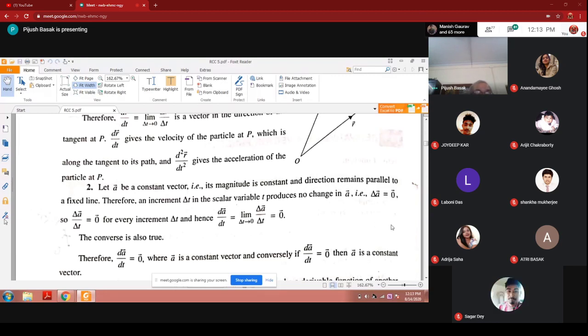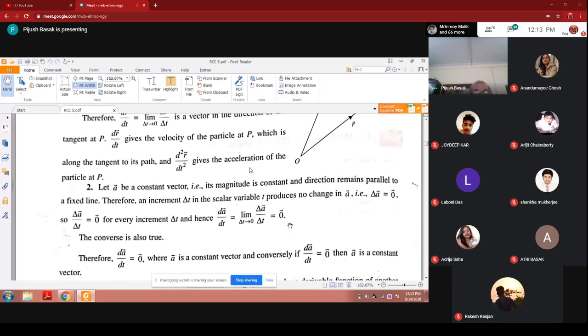Then delta A/delta t is a 0 vector for every increment delta t, and hence dA/dt, the limit as delta t tends to 0 of delta A/delta t, is the 0 vector. The converse is also true. So when a vector is constant, its velocity and acceleration are all 0.